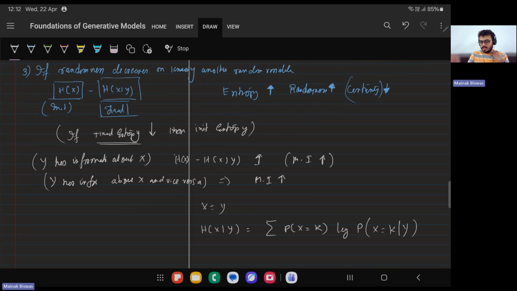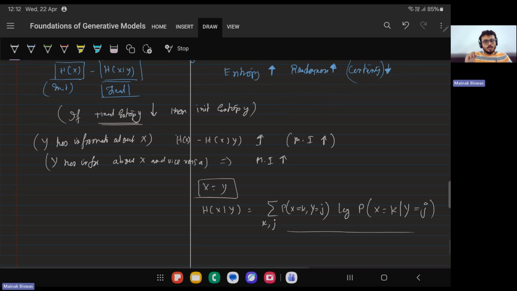Right? So sorry, this is the joint distribution, right? So the distributions are P of X equal to K and Y equal to J, and this is the summation that you have over all K and J's, right?